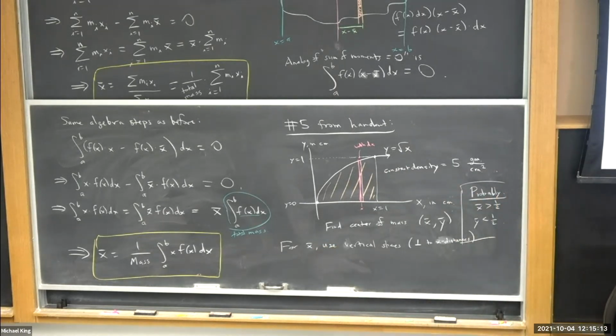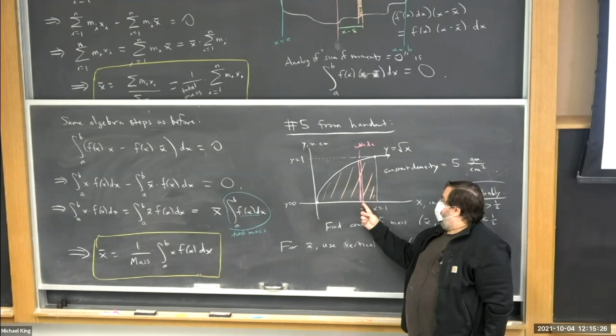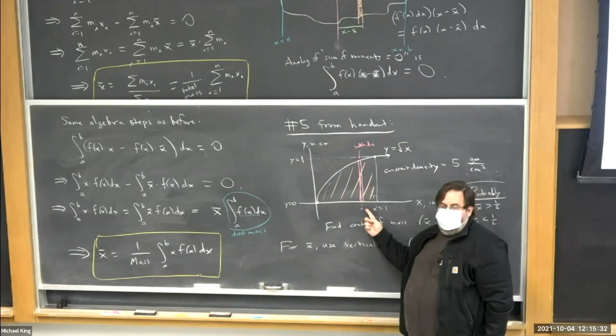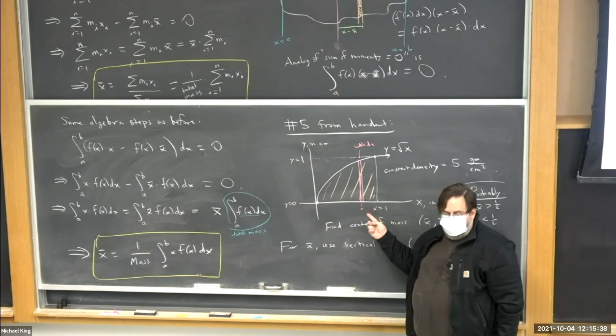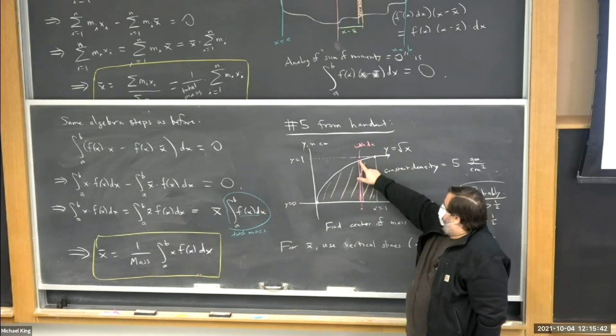So what is the height of a slice? What's the height of this rectangle? I'm at point x right here. It's going to be in terms of x. Yeah, it's just root x, right?